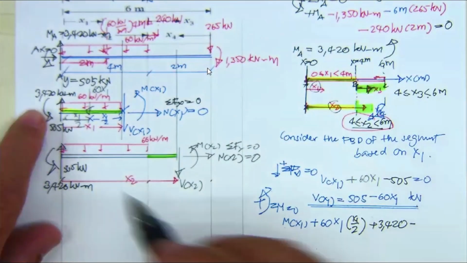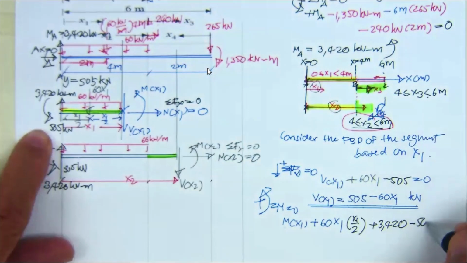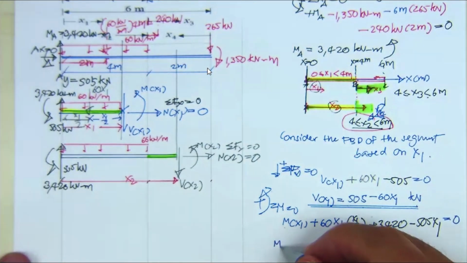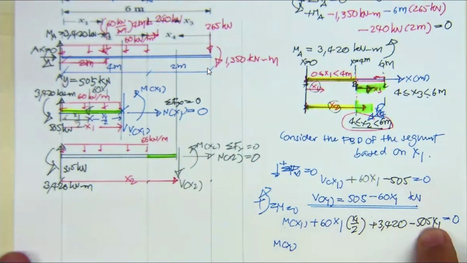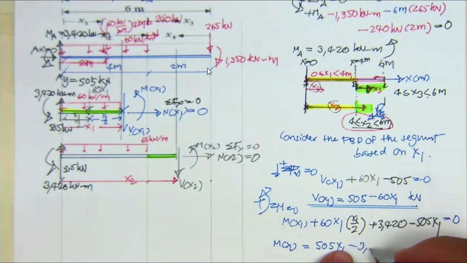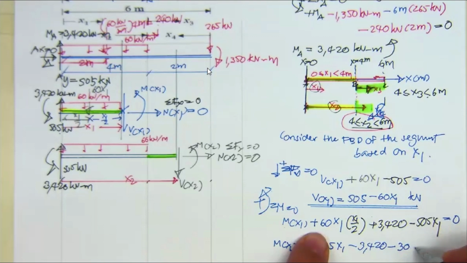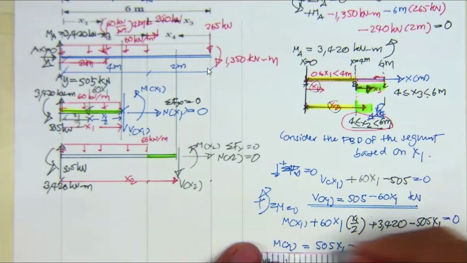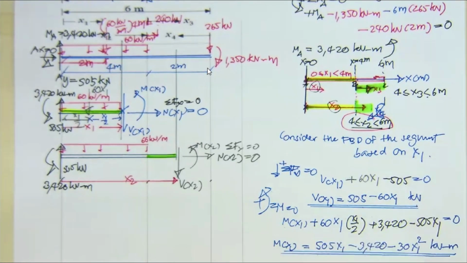However, minus 505 times x1, and that's going to be equal to 0. Now, M sub x1 is going to be equal to 505 x1 positive, and negative 3,420, and negative 30 times x1 squared in kilonewton meter, and that is going to be for our first portion.